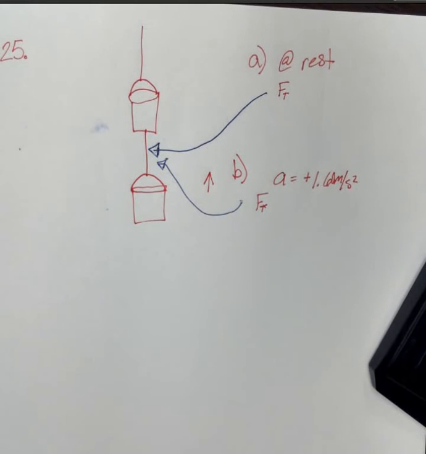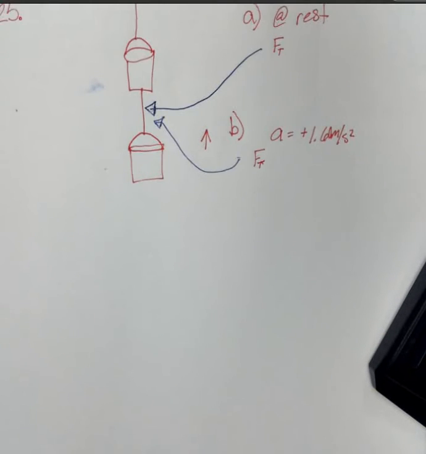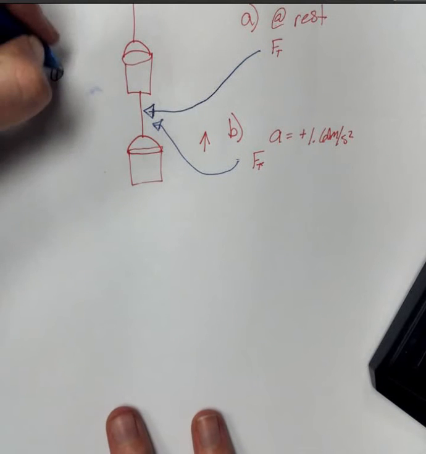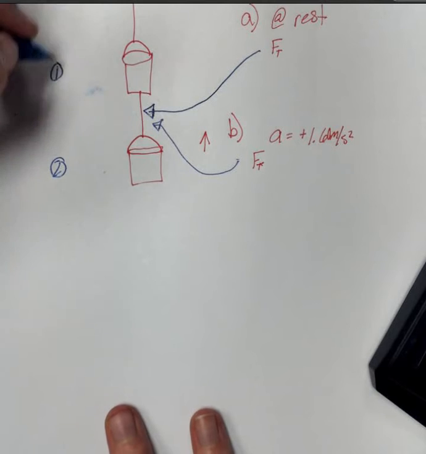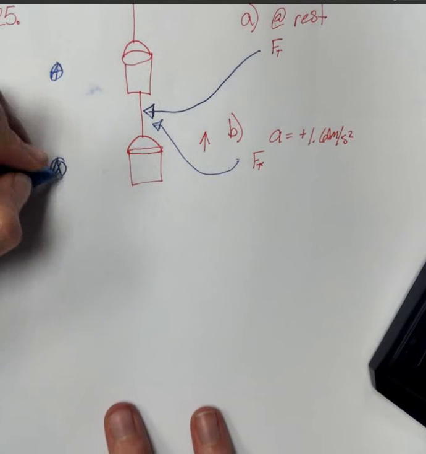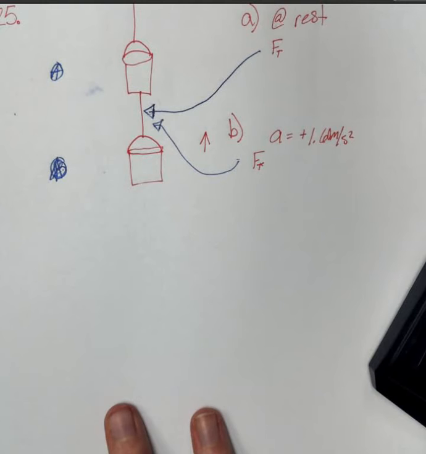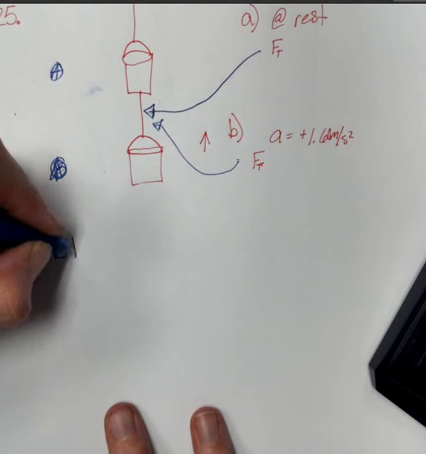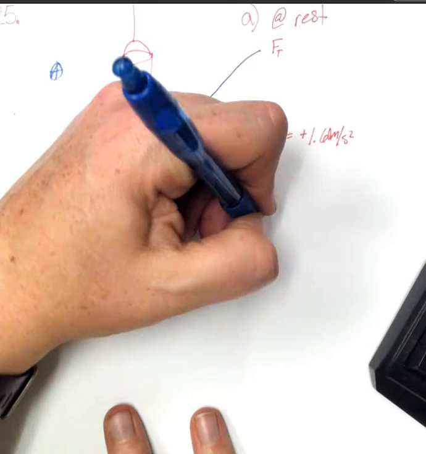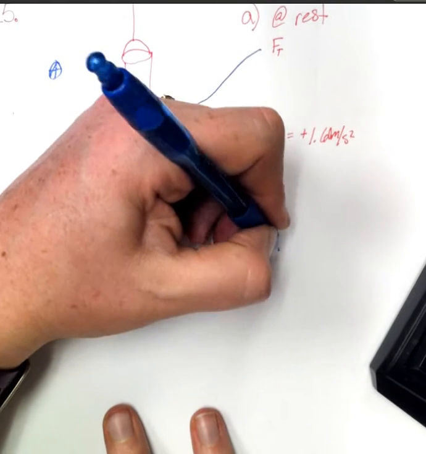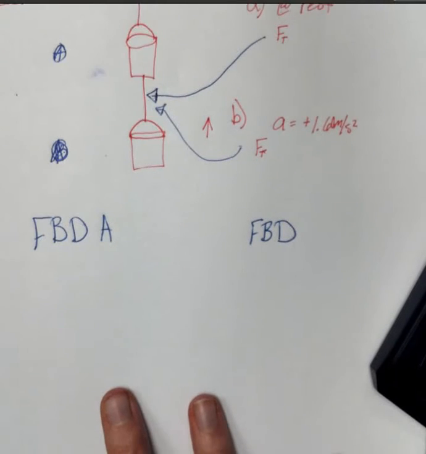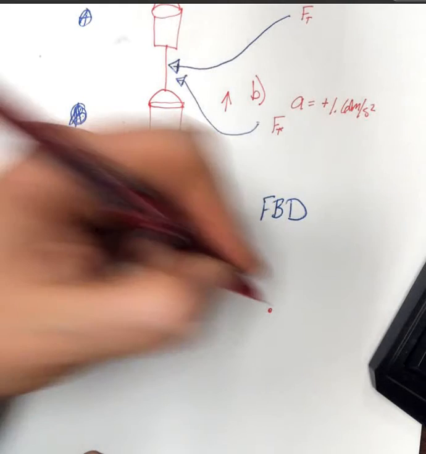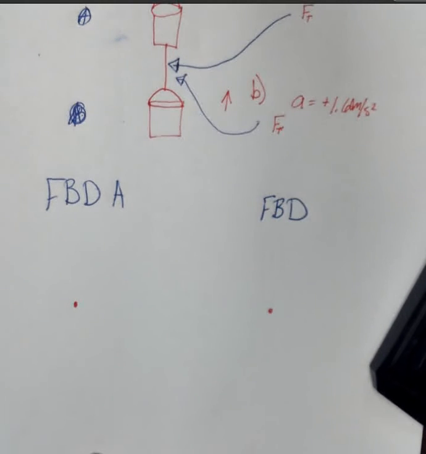Alright, so here's a few hints for helping you solve this problem. If you look, you don't have just one system, you have two systems. So I would call them bucket A and bucket B. That means that you should have two free body diagrams, one for bucket A and one for bucket B, which means that you need to consider for each of these what all forces are acting on each bucket.